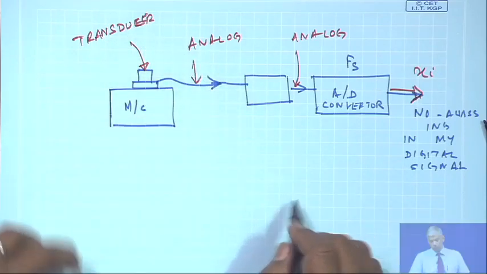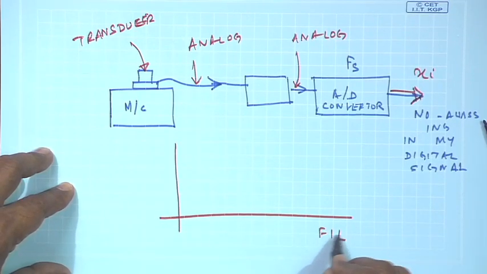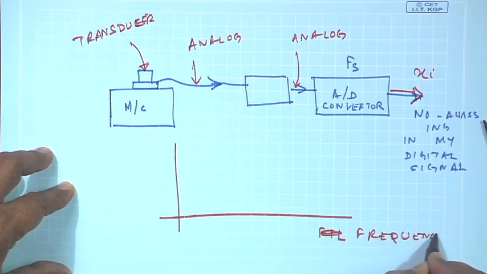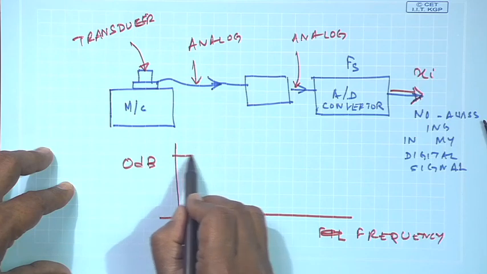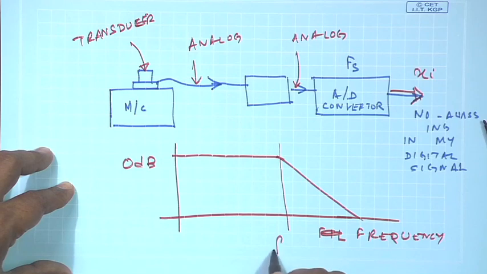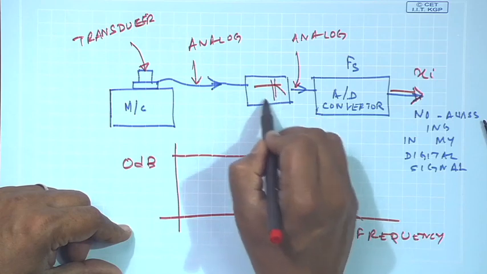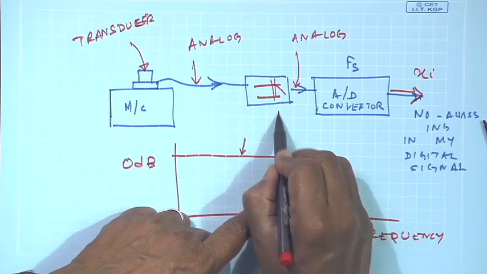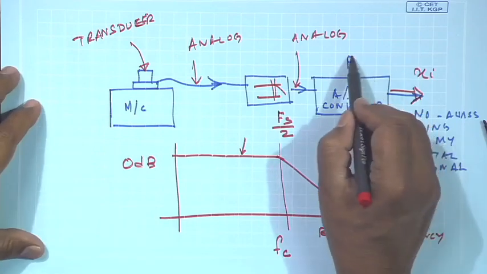So, what we can do is, if I put a filter so that it does not allow, there is a certain roll off cutoff frequency of this filter, such that it does not allow any frequency beyond Fs by 2 to pass on to the analog filter, because this is known to me.